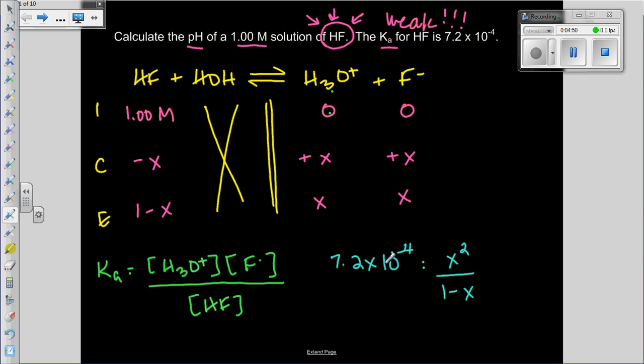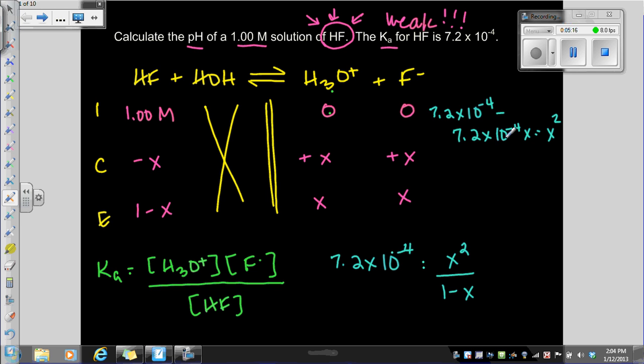What we're going to do is cross multiply, which gives us 7.2 times 10 to the negative fourth minus 7.2 times 10 to the negative fourth x, equal to x squared.